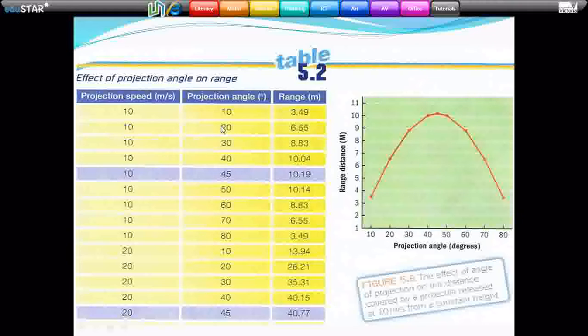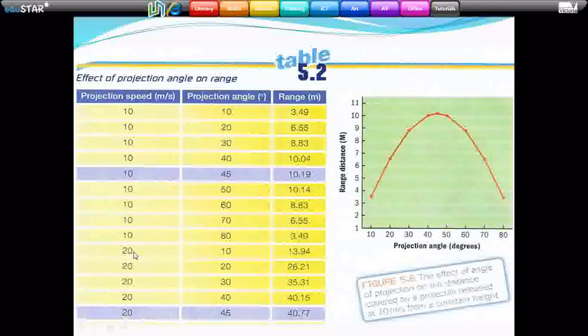If we increase the projection angle, you can see that the range of that object is increased, and so on and so forth. When we get to 45 degrees, then we hit a maximum range for that projectile. And then as we continue to increase the angle of release, the range decreases again. So it sort of works in a parabolic shape.